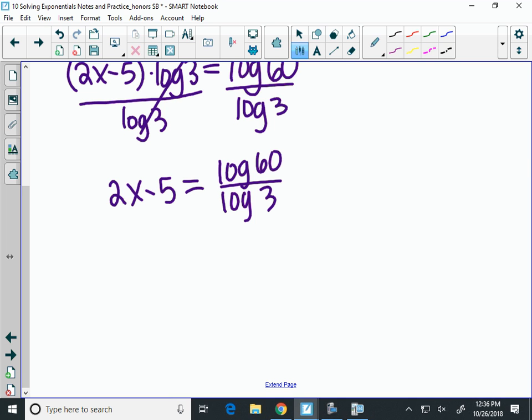What would you do next? Add 5. We still have to add the 5, so I'm just going to tack the 5 on the end. And then instead of rewriting this, what do you have to do? Divide by 2. So you take that whole thing divided by 2. You just need to be very careful when you write this and solve this.